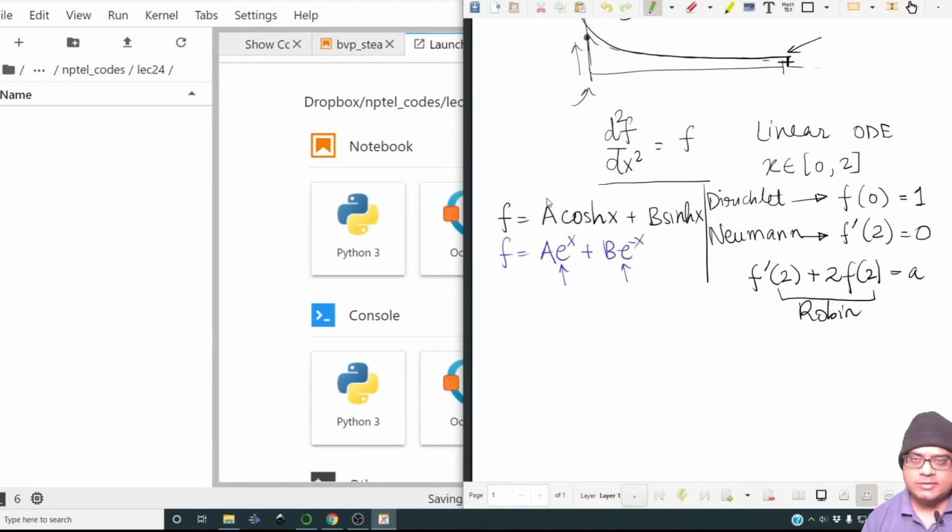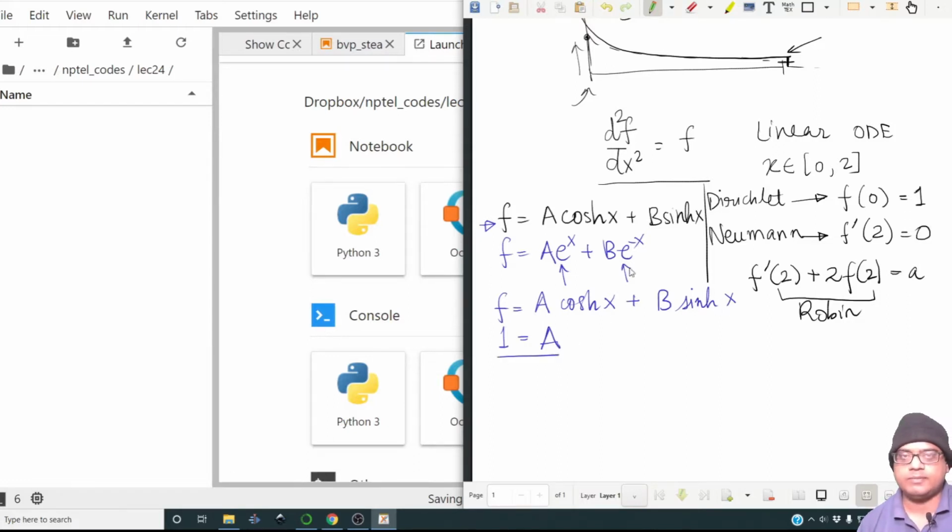So in fact, let us use this hyperbolic form. So we have f equal to a cosh of x plus b sinh of x. Using the first boundary condition f of 0 equal to 1, when you substitute x equal to 0, the cosh term becomes 1, so this will be a, and the sinh term becomes 0 because sinh of 0 is 0. So a becomes equal to 1.